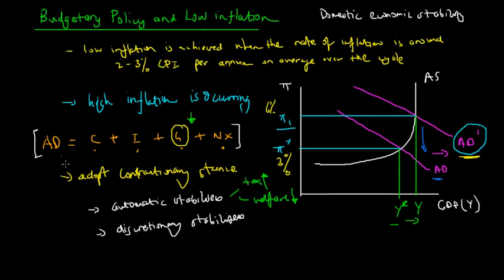Secondly, if these automatic stabilizers are insufficient to slow aggregate demand back down to this curve there, the government could adopt various discretionary measures to slow down aggregate demand.